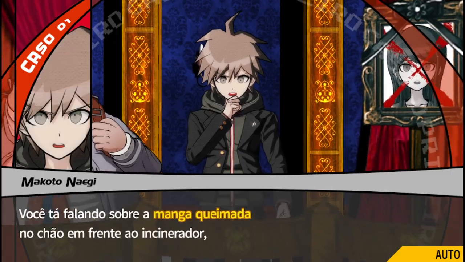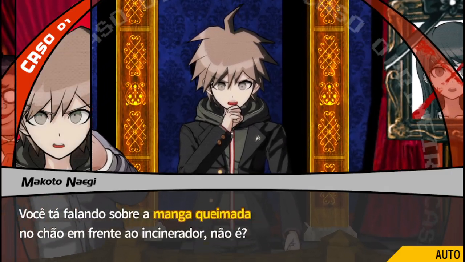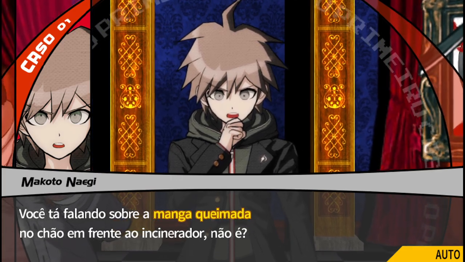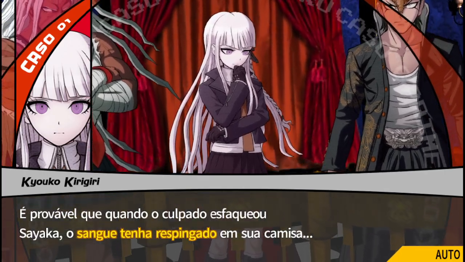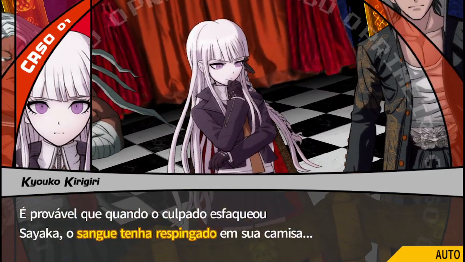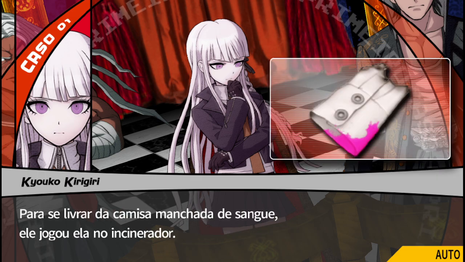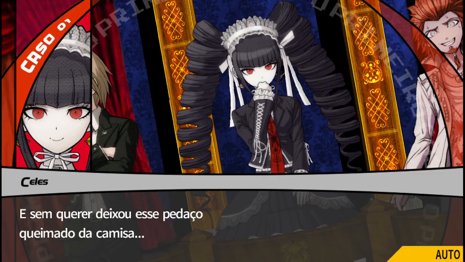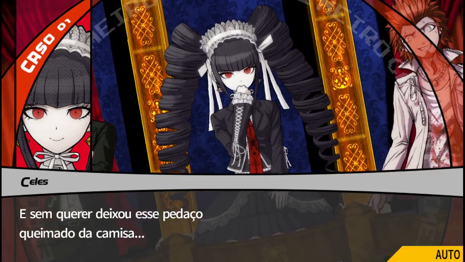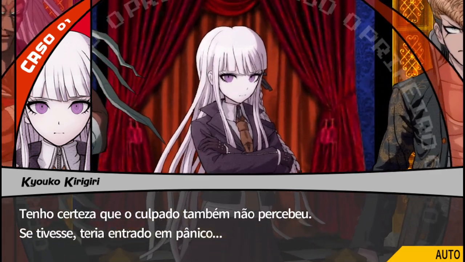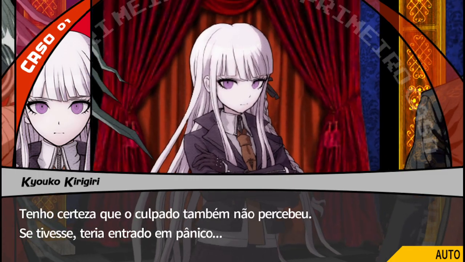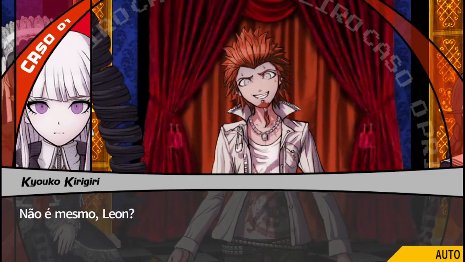You mean the burnt shirt piece I found laying on the ground by the incinerator, right? As the killer stabbed Sayaka, they must have gotten some of her blood on them. And to dispose of the shirt covered in the victim's blood, they threw it into the incinerator. But one piece burned off and got left behind. And the killer didn't notice. If they had, they most certainly would have panicked. Isn't that right, Leon?